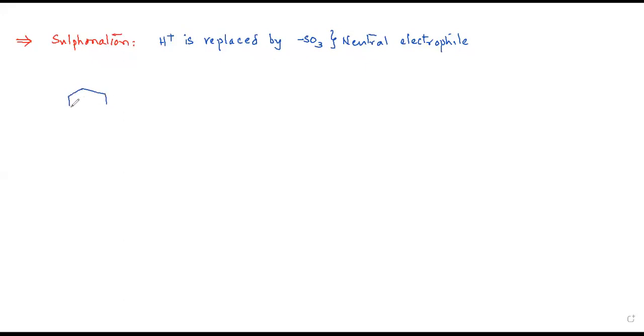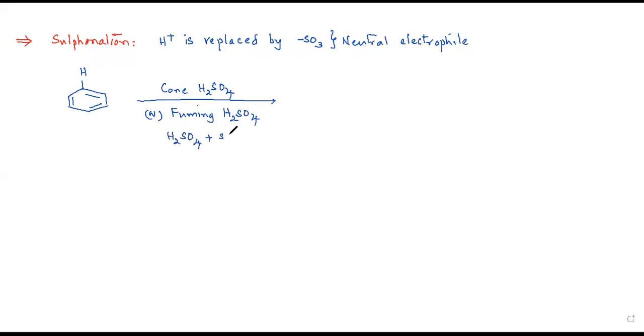Let me first give you the reaction. See, when benzene is treated with, say, concentrated sulfuric acid, or even fuming sulfuric acid can also be taken, right? Fuming sulfuric acid is nothing but sulfuric acid containing extra sulfur trioxide, also known as oleum, right?